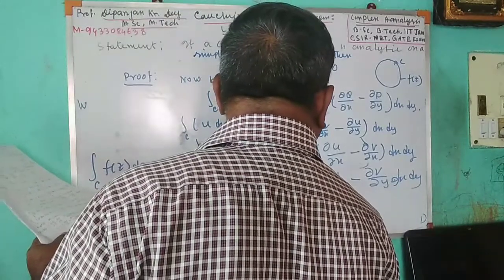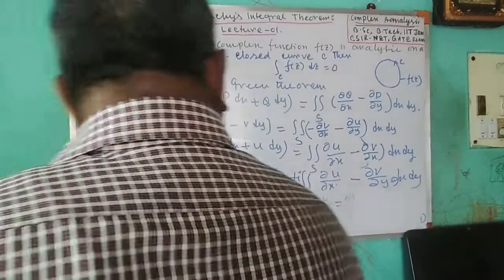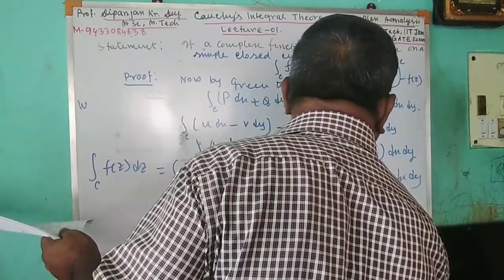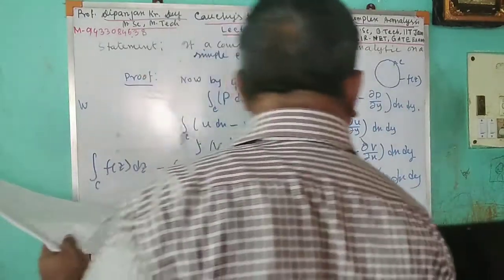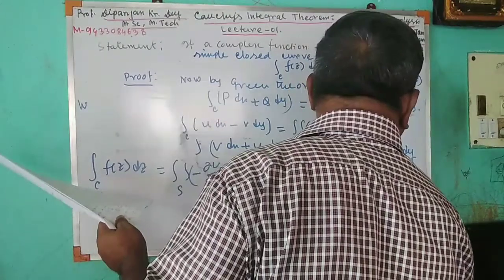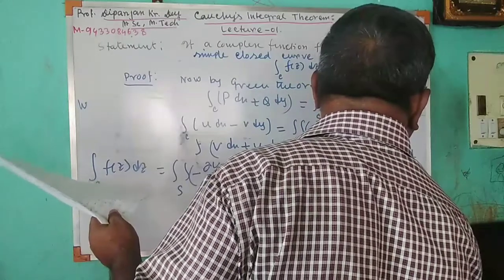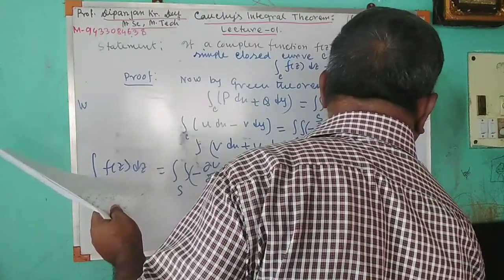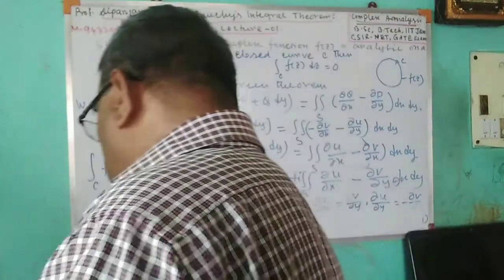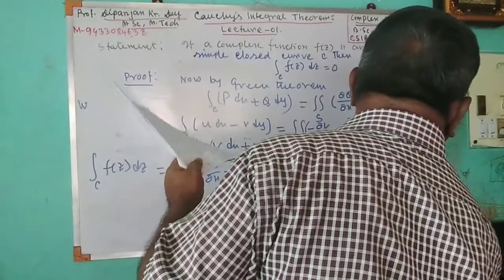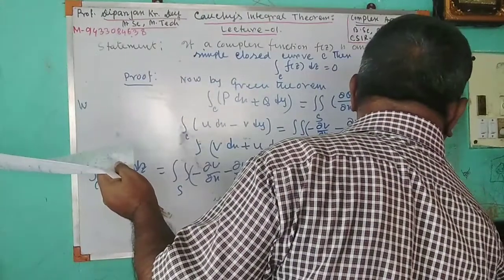Del u by del x is equal to del v by del y, and del u by del y equals minus del v by del x.